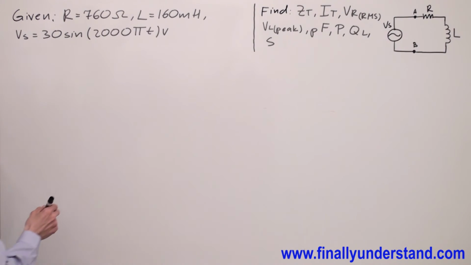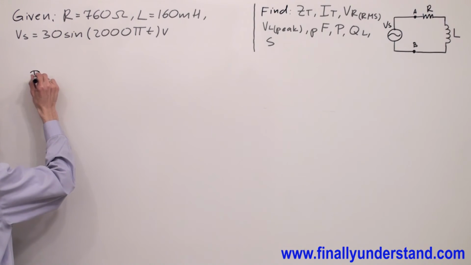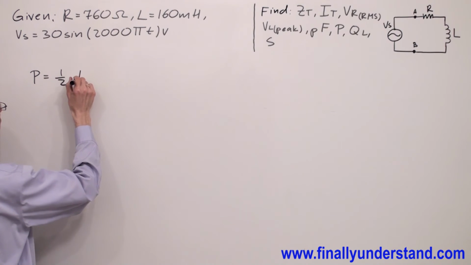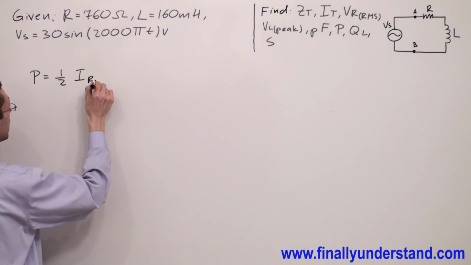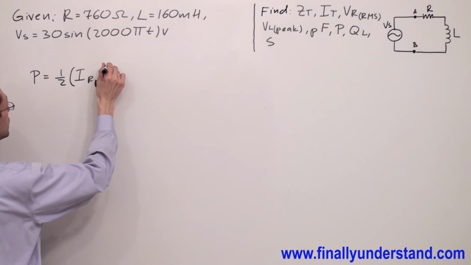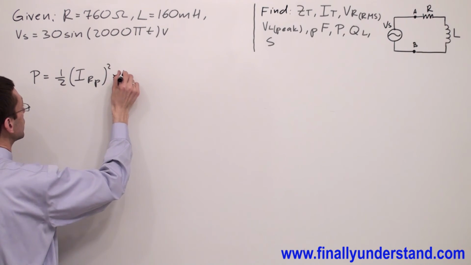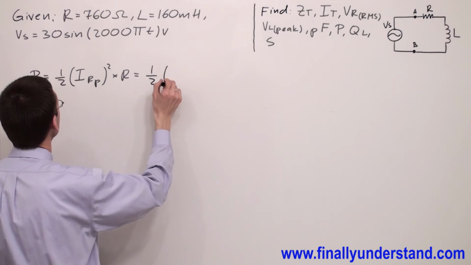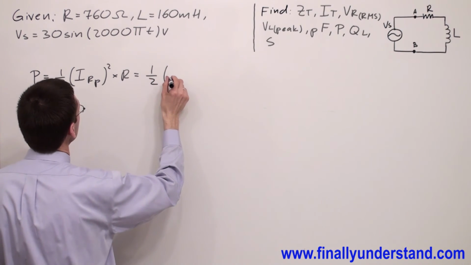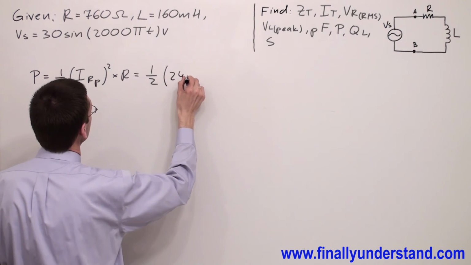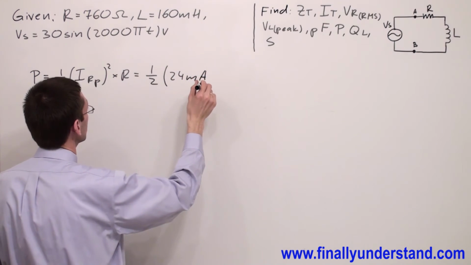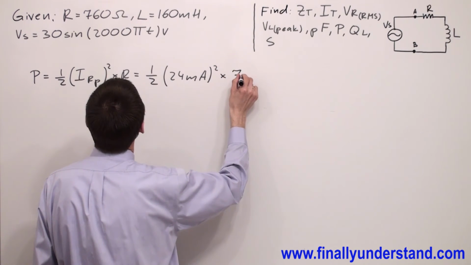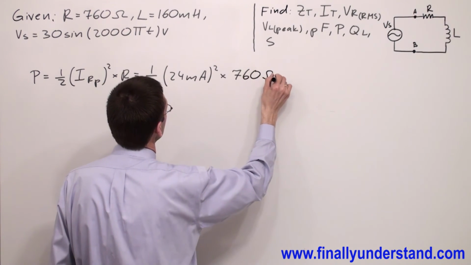Now we are ready to find the true power. P true is equal to 1/2 IR peak to the second power times R. We have 1/2 times, we found the peak current, which is 24 milliamps, to the second power times the resistance, which is equal to 760 ohms.